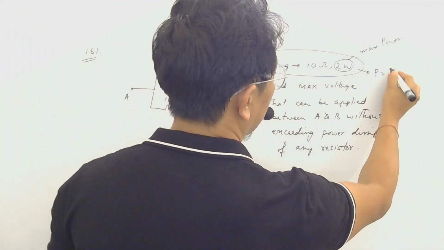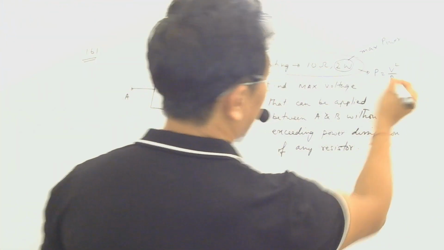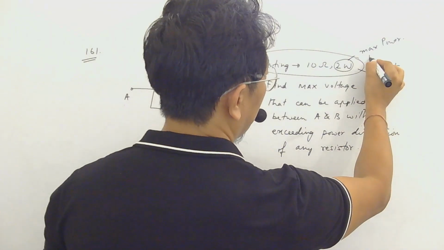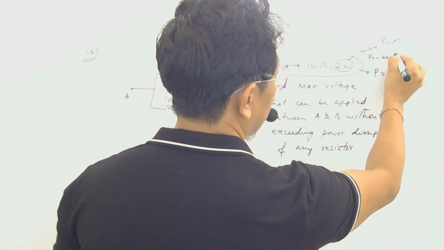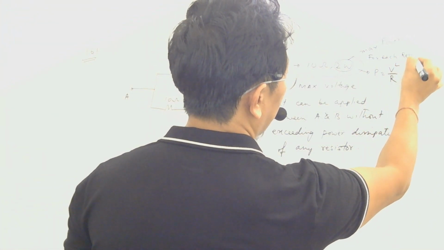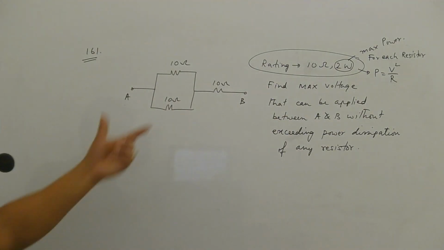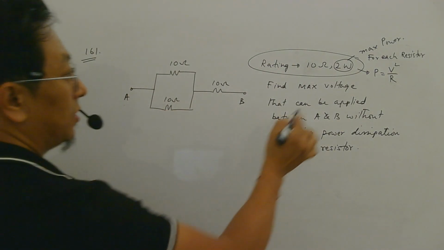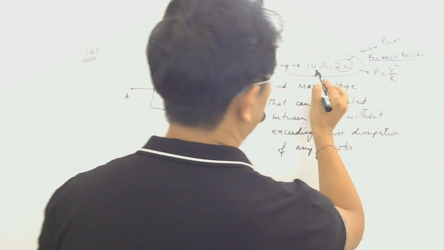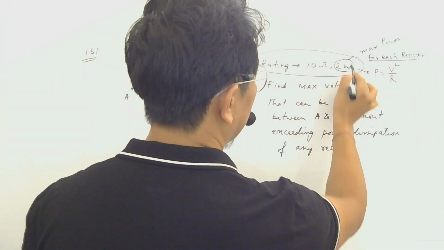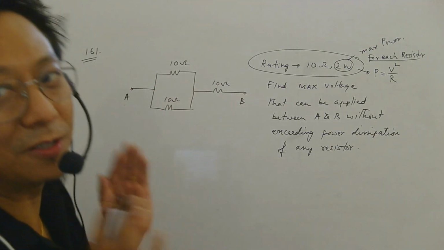So P equals V square by R. This is for each resistor, okay? I am not saying for combination. For combination we will see later. For each resistor they have given resistance and maximum power that it can consume.